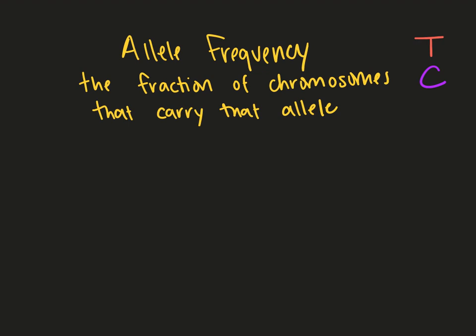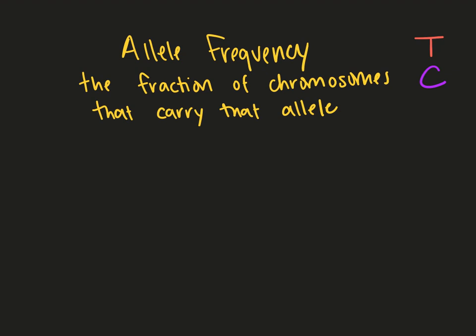Now that we're seeing the C allele across the population, we can calculate the allele frequency of that allele. The allele frequency is the fraction of chromosomes in the population that have the C or the T at that position.